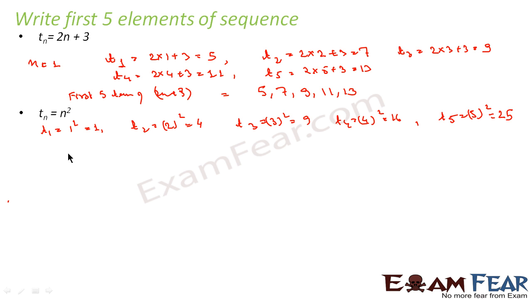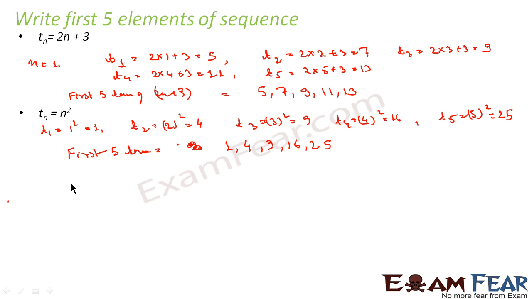So the first 5 terms are 1, 4, 9, 16 and 25.